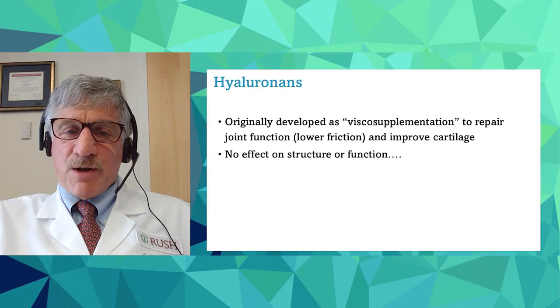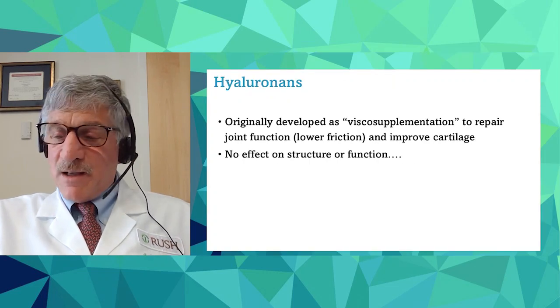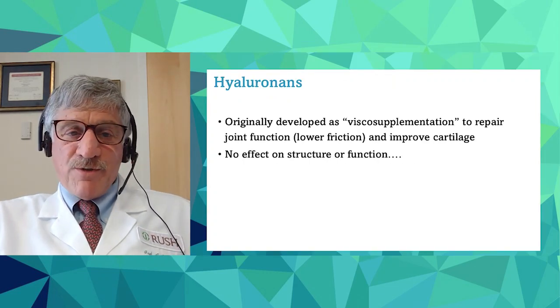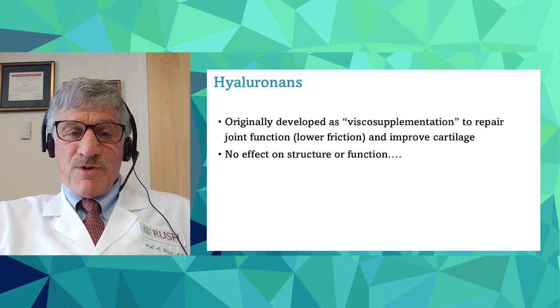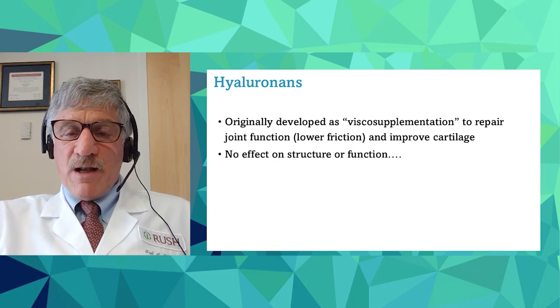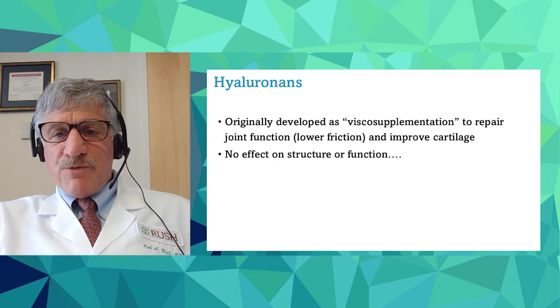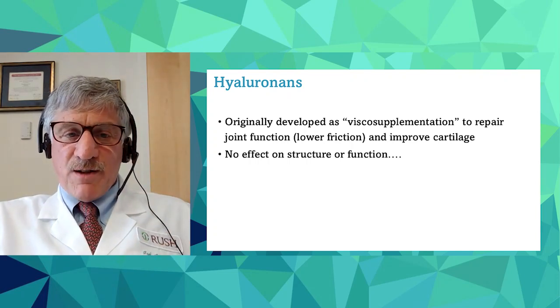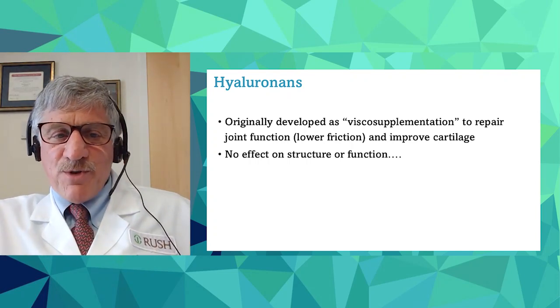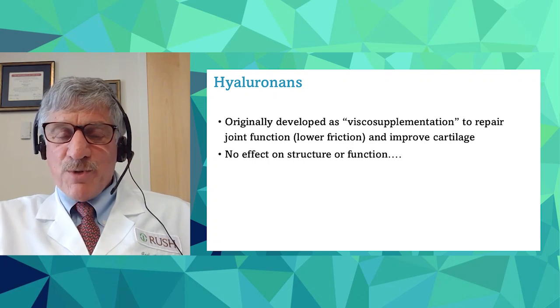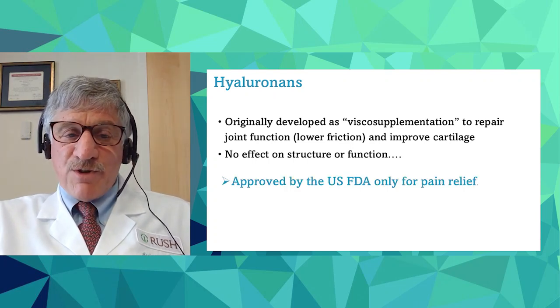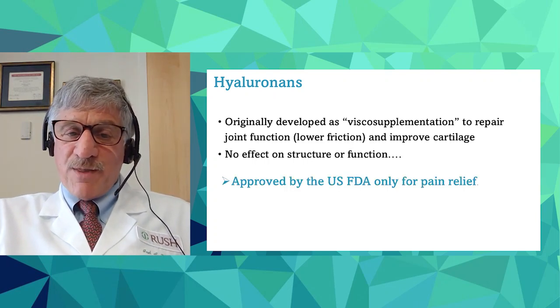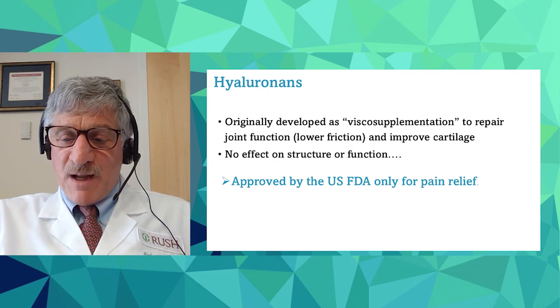So coming back to hyaluronic acid, it was originally developed as a viscosupplementation to repair joint function and improve cartilage. Almost all of these novel therapies were originally developed to improve cartilage, and yet it was found to have absolutely no effect on structure or function within the joint, and it was ultimately approved by the US FDA only for pain relief.